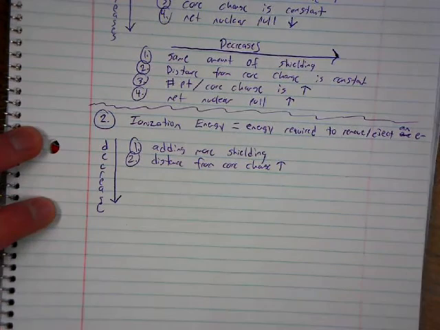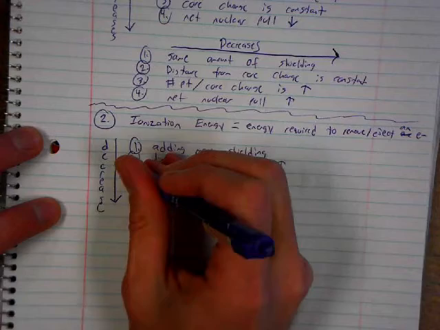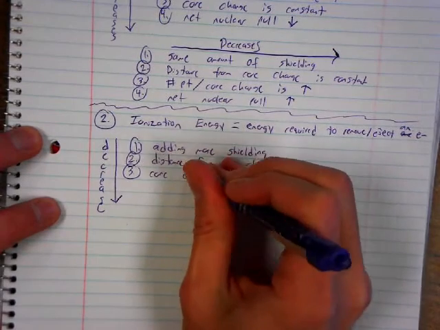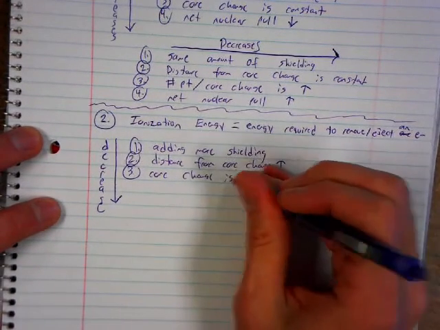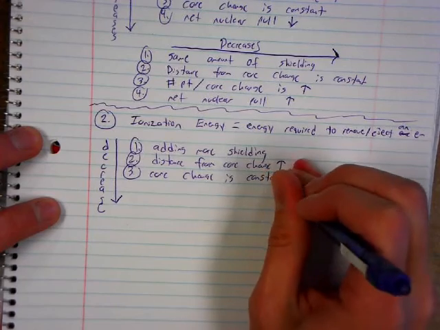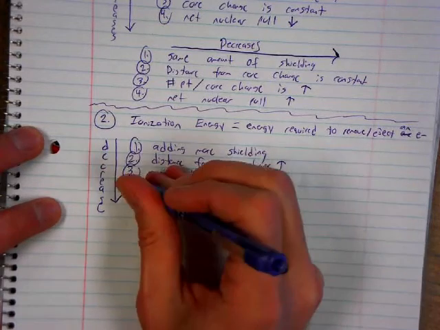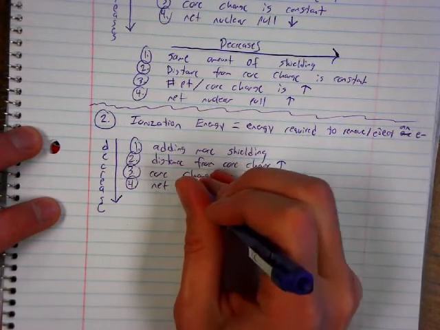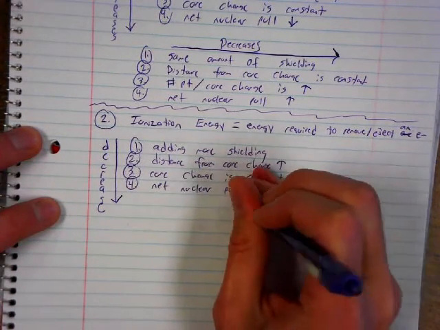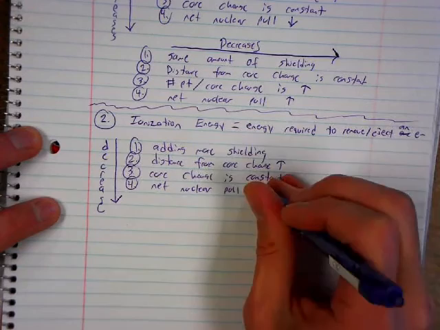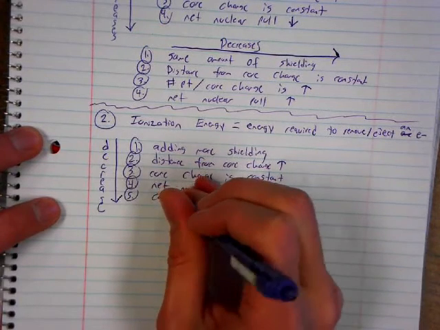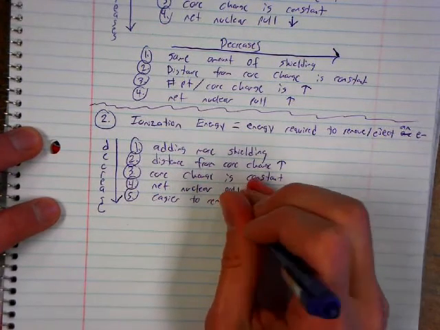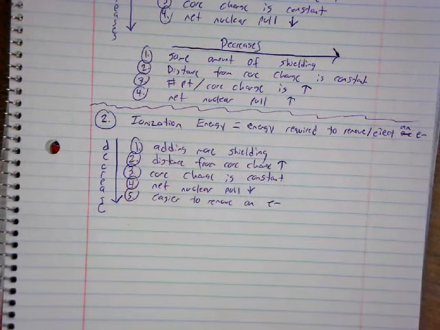Does this look familiar? Yes. Also, the core charge is constant, which means my net nuclear pull is decreasing. So it is easier to remove an electron.